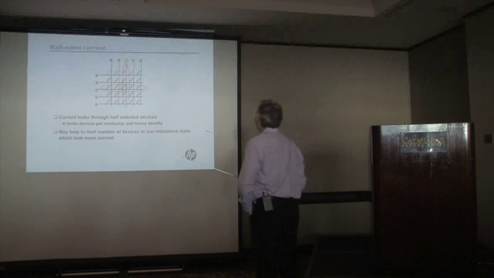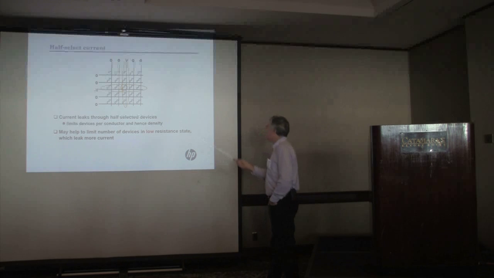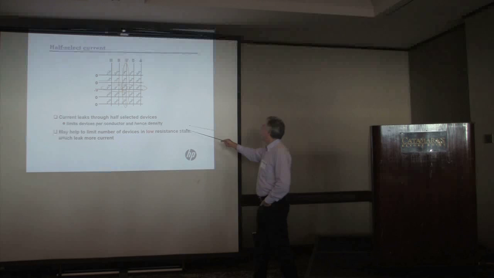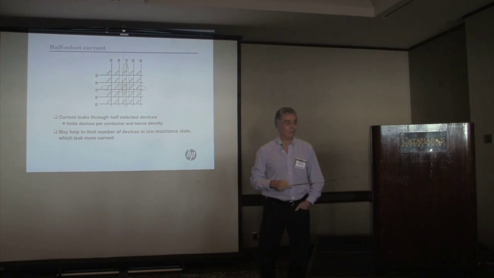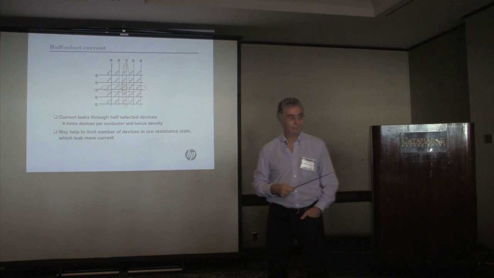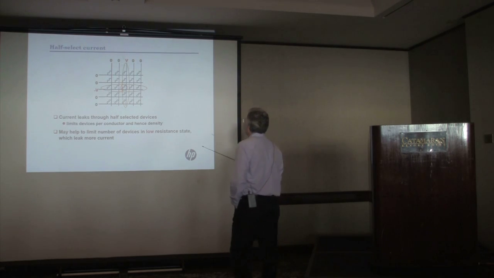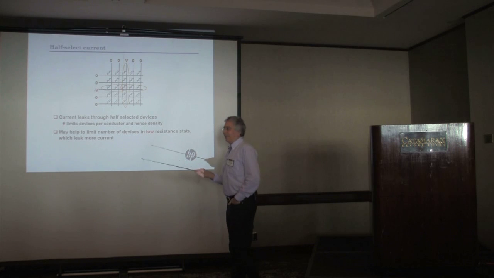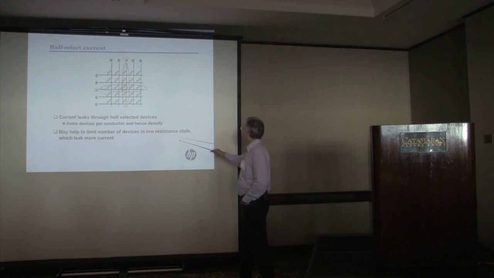So I'm using too much energy, and the current leaks, and this limits the number of conductors I can put, and hence it limits the density. How can I solve that? And actually, he had the intuition that I would have less current if I can limit the number of devices in low resistance state.